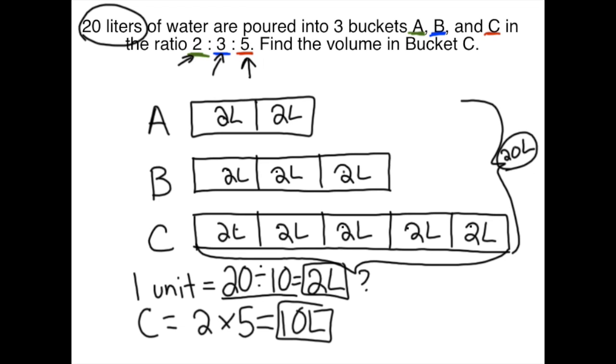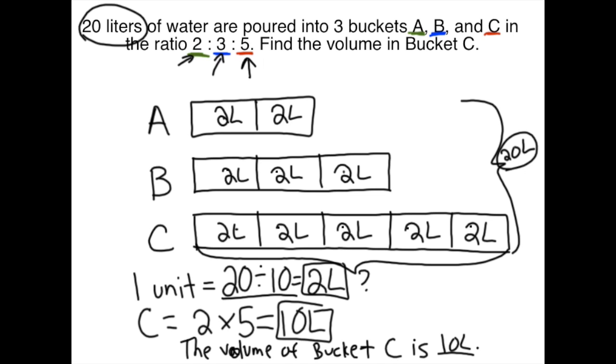And since it's a bar model, I should have written my sentence first, right? So the volume of bucket C is 10 liters.